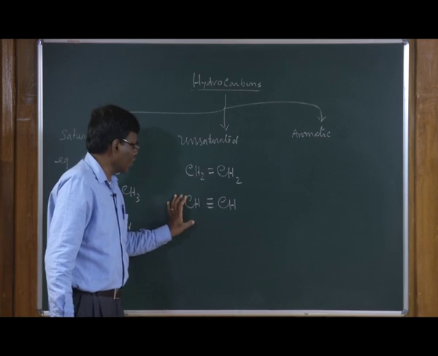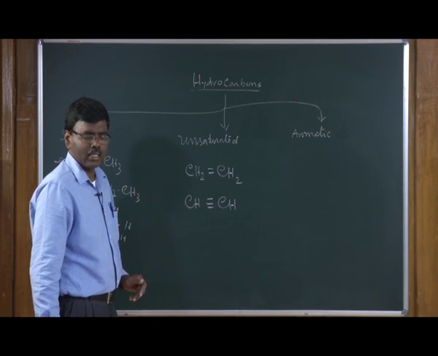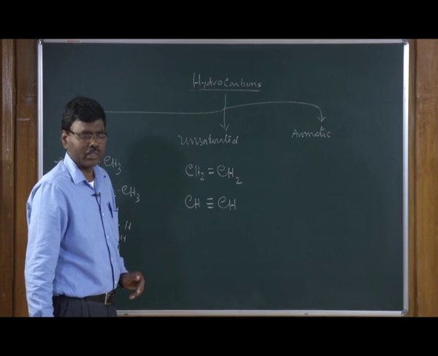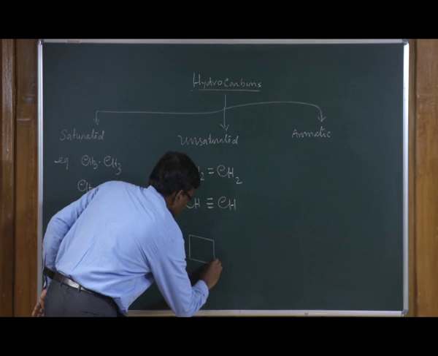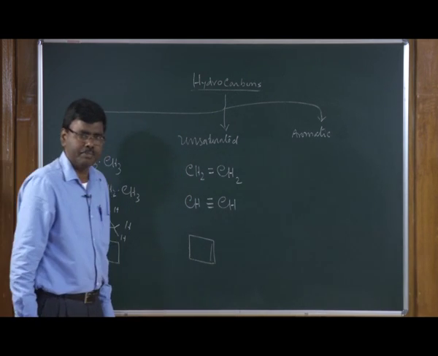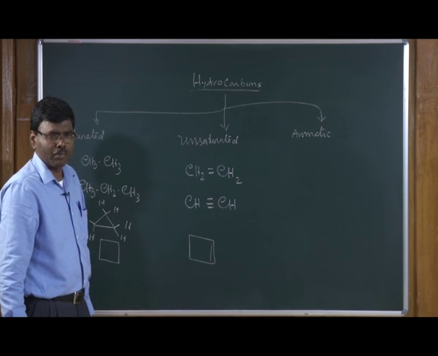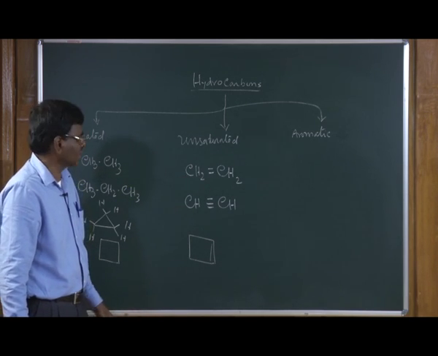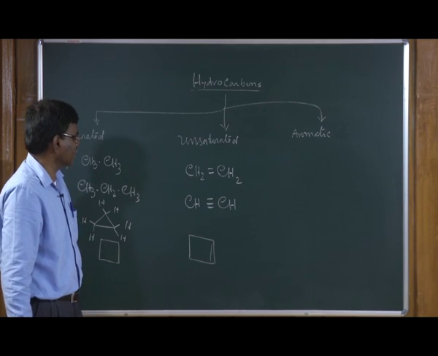This molecule has a carbon-carbon triple bond. These compounds are called unsaturated hydrocarbons. They can also be cyclic, for example with 4 carbon atoms. Whenever you have carbon-carbon double or triple bonds, those hydrocarbons are called unsaturated hydrocarbons.